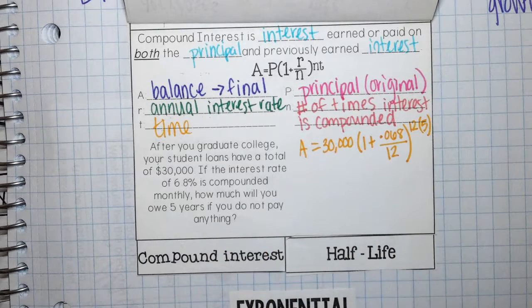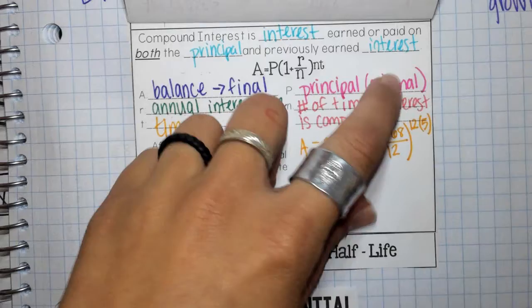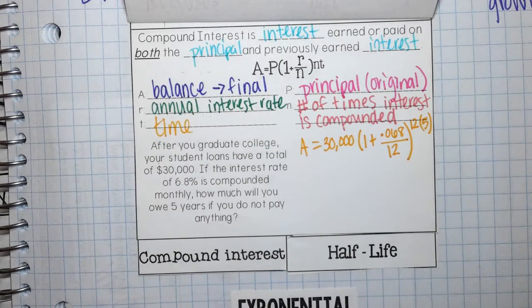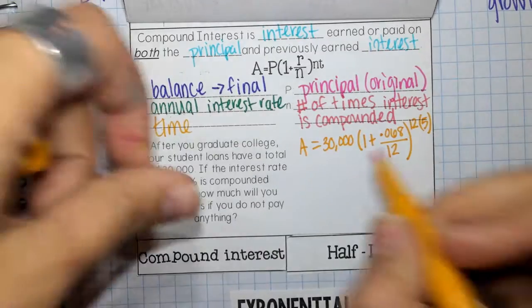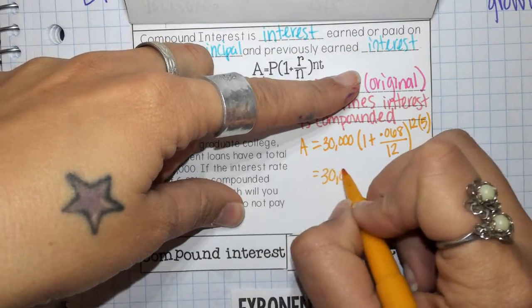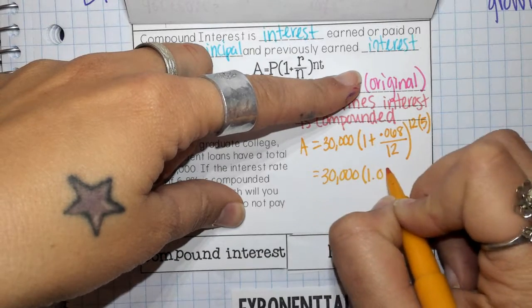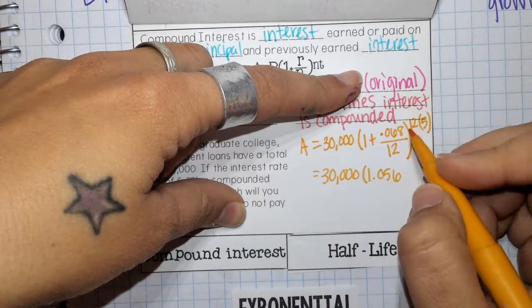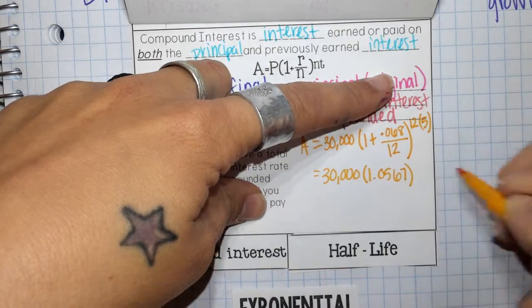Ready to plug it into our calculator? Alright, so Rebecca is going to help us, and she's going to do 0.068 divided by 12. Now add 1 to it. Okay, so we get 1.0567.